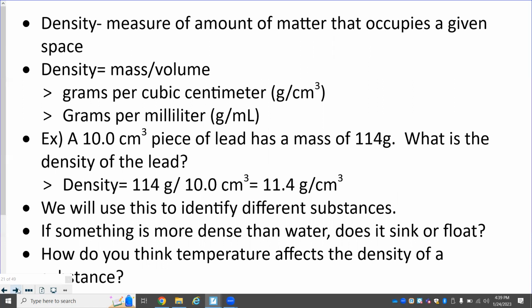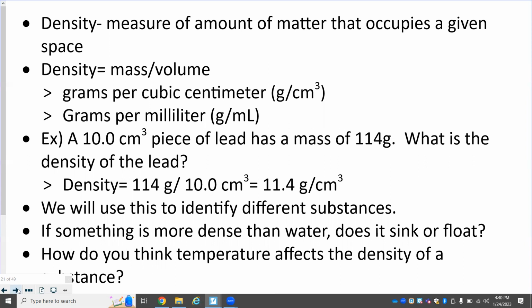Density is the measure of the amount of matter that occupies a given space. So this takes the mass and volume to find density. This density formula is provided on your reference sheets. Density is equal to mass over volume.